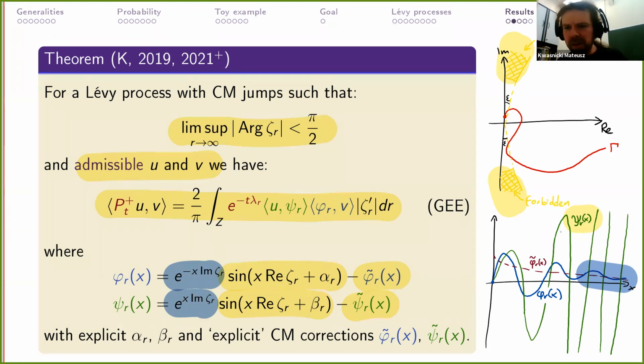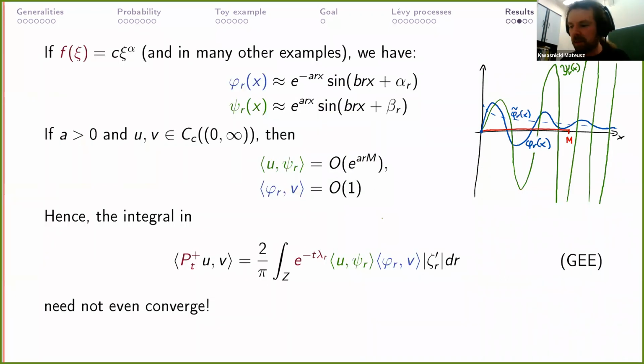So if you think about it, it's not really clear why the right-hand side should be convergent. Actually, it's not. Quite often, it's not. So if you consider, for example, the power case, it's just one of the simplest possible. Then the picture is really what it looks like. So phi decays exponentially. I should write the correction term which dominates here.